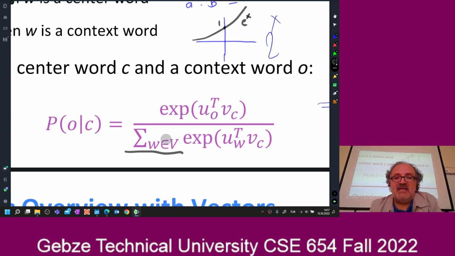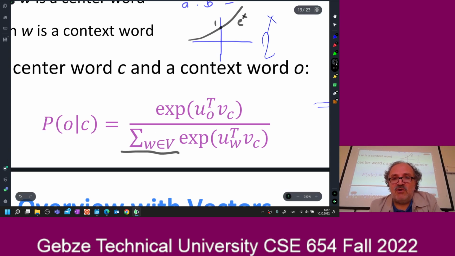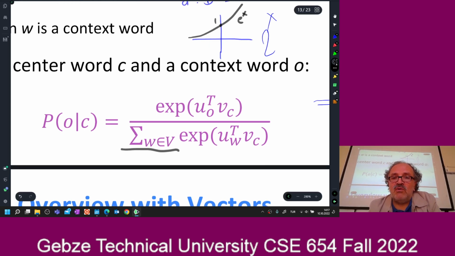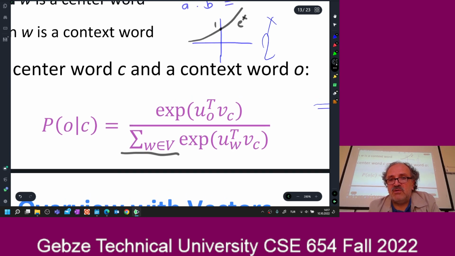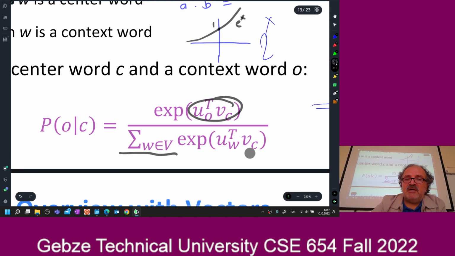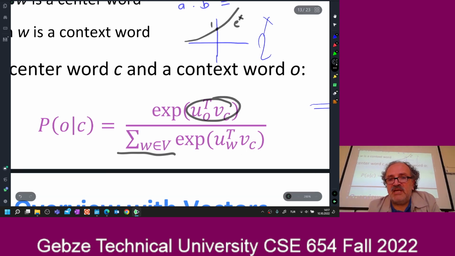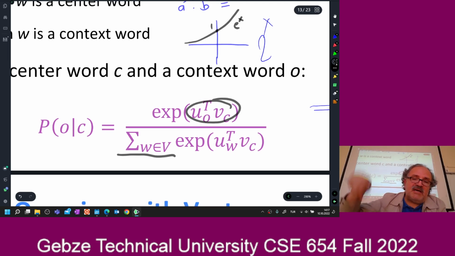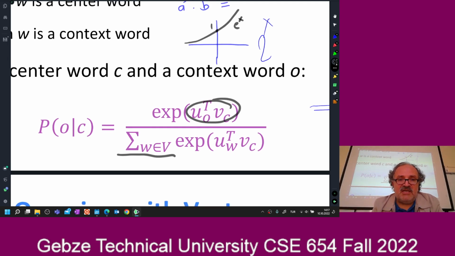This is the similarity between the center word and all the words. The upper part is only about the context word and the center word. This is about the C word and all the other unique words in my Wikipedia dump.